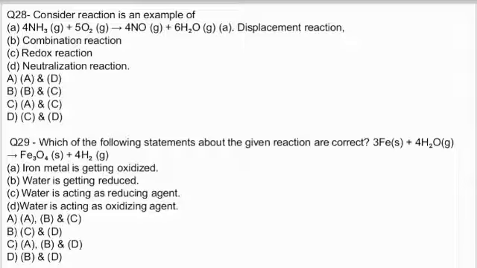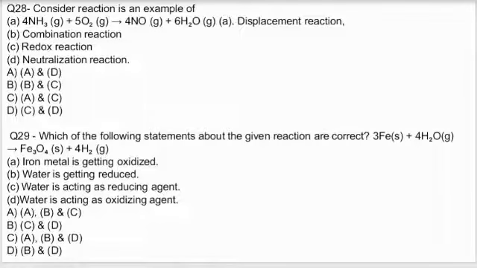C. Water is acting as reducing agent. And D. Water is acting as oxidizing agent. The options are A, B and C; B, C and D; A, B and D; and B and D. The correct option is C, A, B and D are the correct statements.